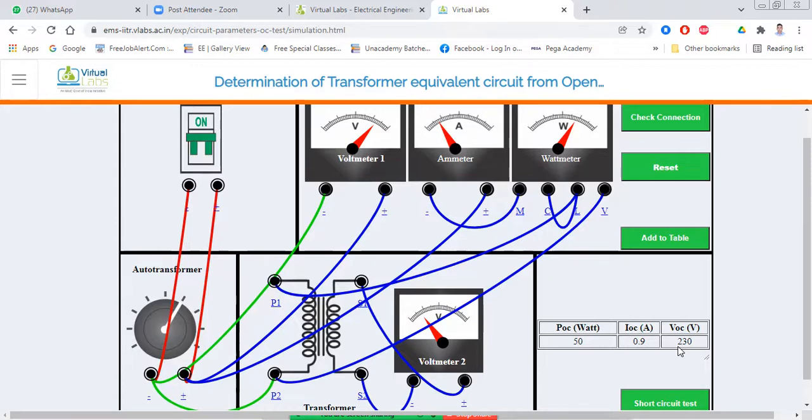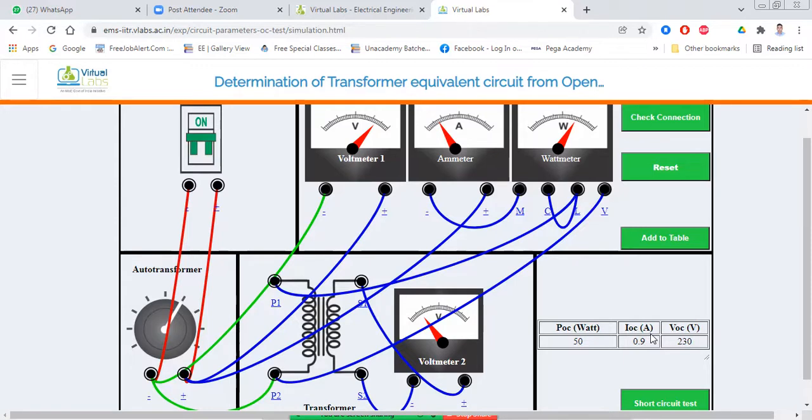Here we give the full rated voltage. So the voltage you can clearly see is 230 volt. Current is 0.9 ampere, which is very small.